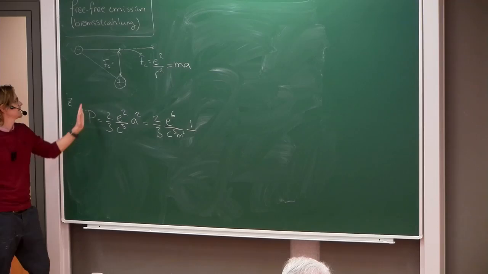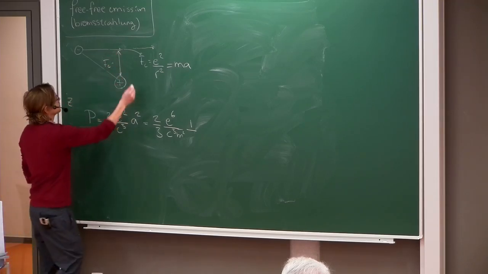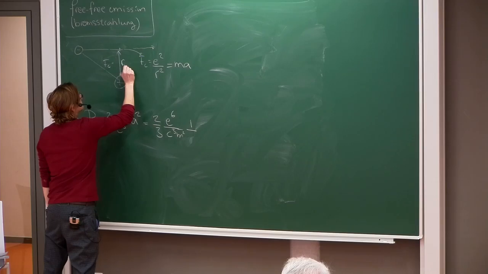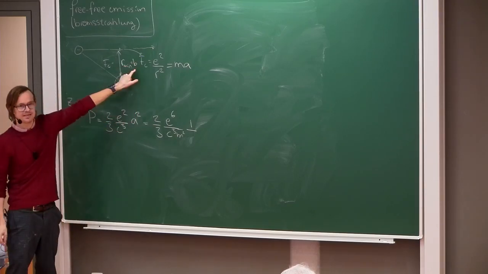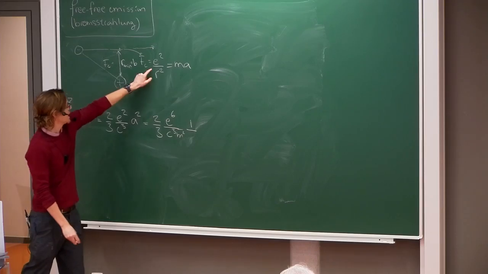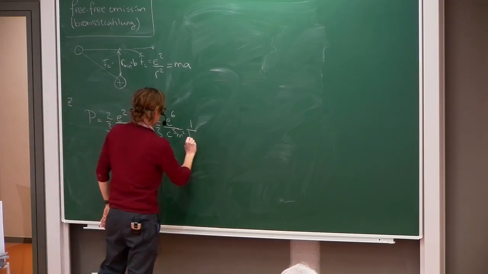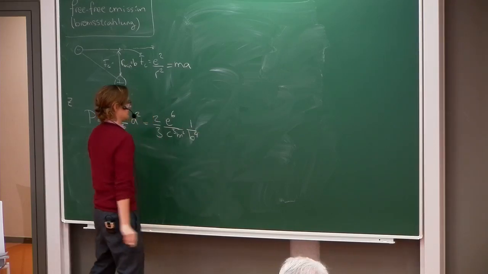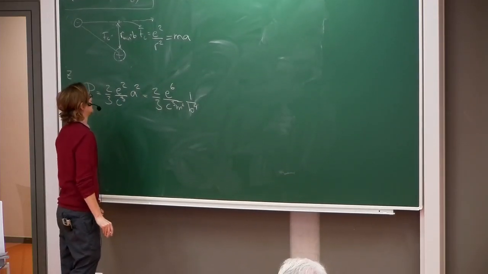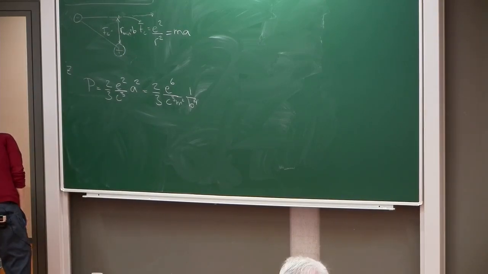So we're going to assume that all the action takes place in a very little interval here. We're going to approximate this minimum distance R with the impact parameter b. So we're just going to write that this is 1 over b to the fourth, b being our impact parameter in this case.